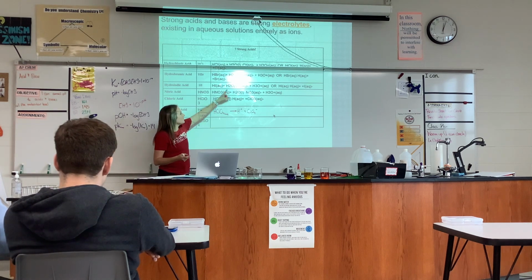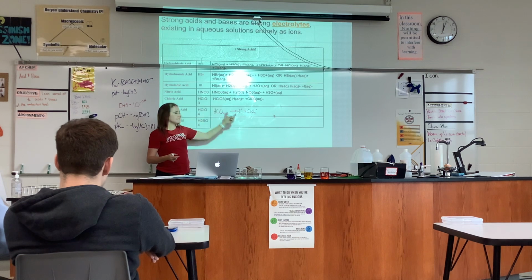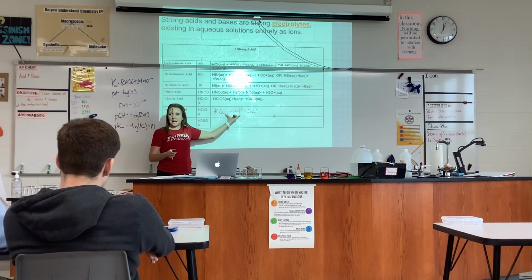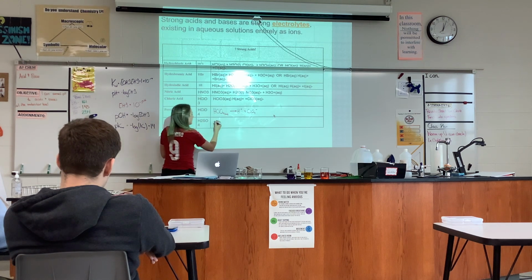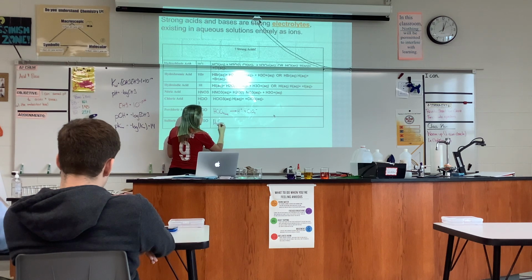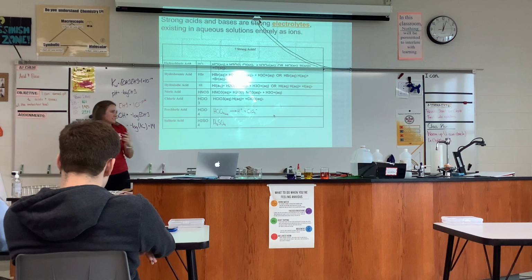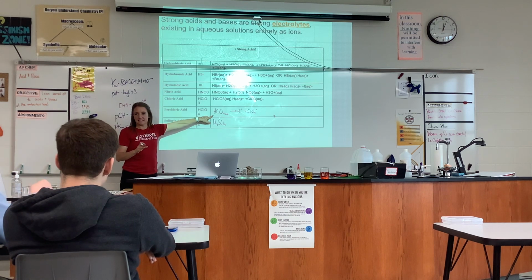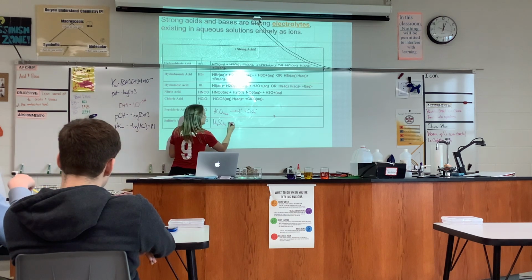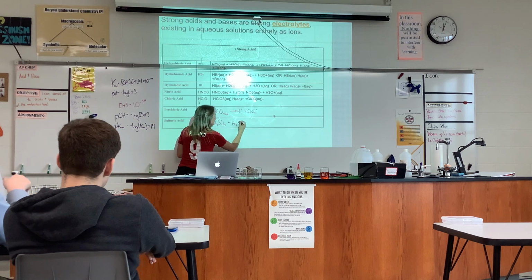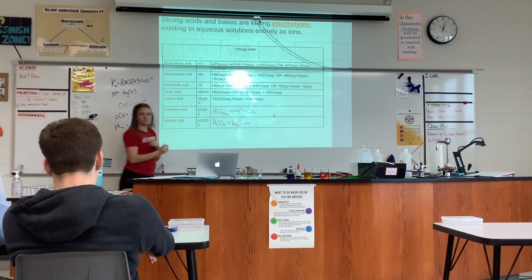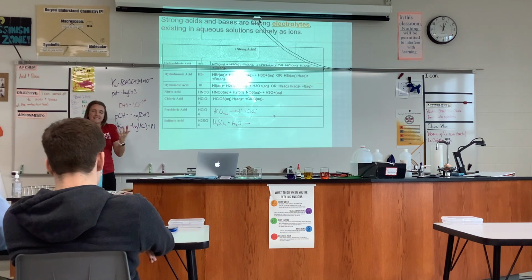Now, I gave you both reactions up above. This is like the simple way of looking at it. Let's do the more complex way for sulfuric acid, just to see the difference, but it's the same idea. So this is the simple way of showing it ionizing. The more complicated way is saying this plus water, which once again, saying it's aqueous, water is there.